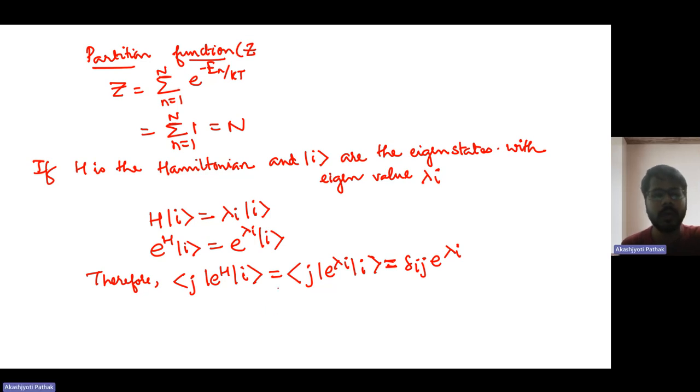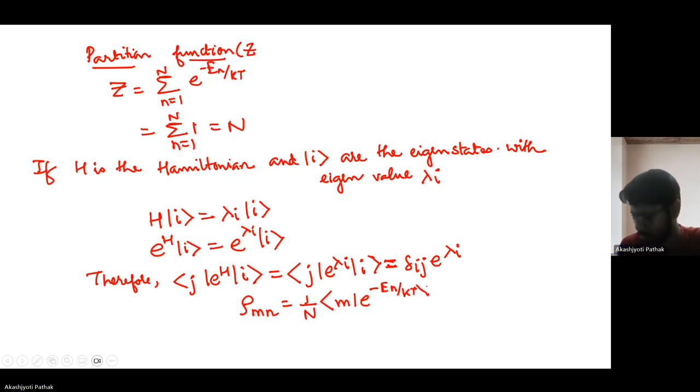So now why did we derive this equation? This is the number of elements in the density operator. This can also be written as 1 by N times e to the power minus En by kT. Sorry, give me a minute.